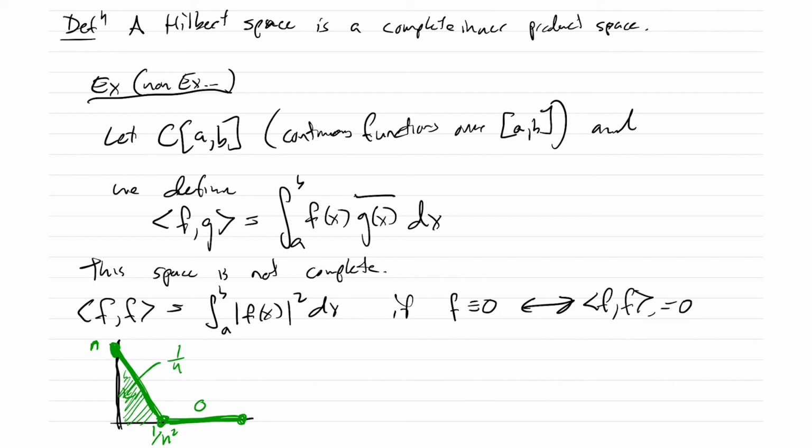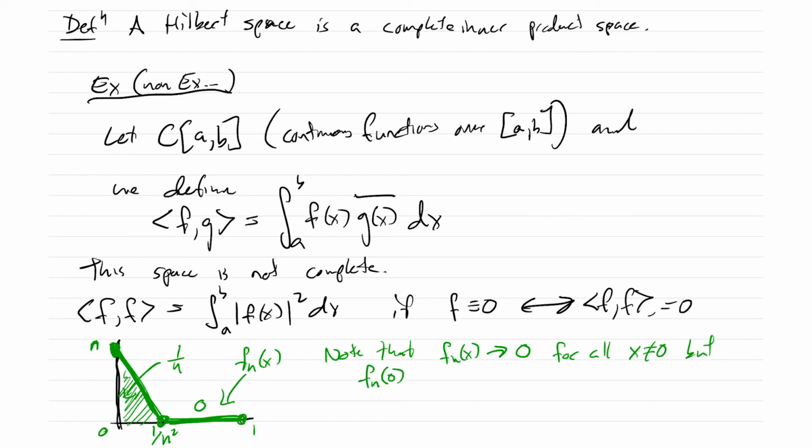And so I'm going to call this, say, fn of x, and this is going to be over 0, 1. Note that fn of x converges to 0 for all x not equal to 0, but fn of 0 does not converge and diverges as a sequence.